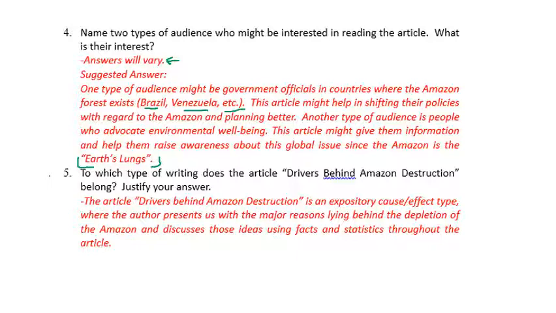It is written in a cause-effect form. So, the article Drivers Behind Amazon Destruction is an expository cause-effect type, where the author presents us with the major reasons lying behind the depletion of the Amazon and discusses those ideas using facts and statistics throughout the article.